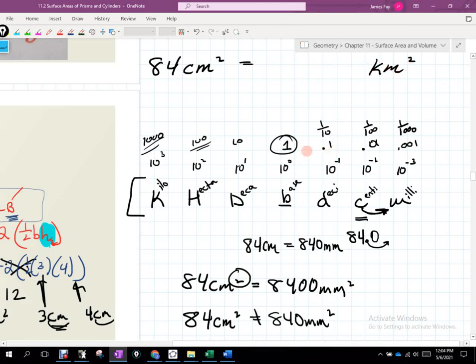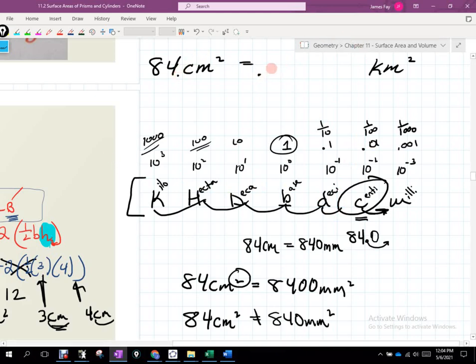That equals how many kilometers squared? Because I'm in centimeters squared, I'm going to start there, and I need to move 1, 2, 3, 4, 5 decimal places. 5 decimal places would transfer a linear centimeter to a linear kilometer. But we need to do that twice, right? So how many times do I really have to move my decimal place? 10 spots.